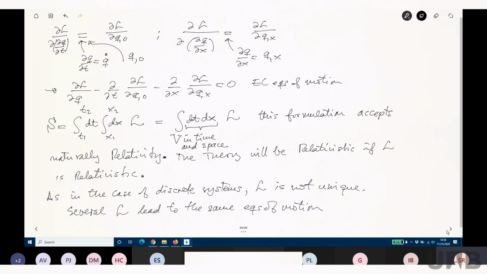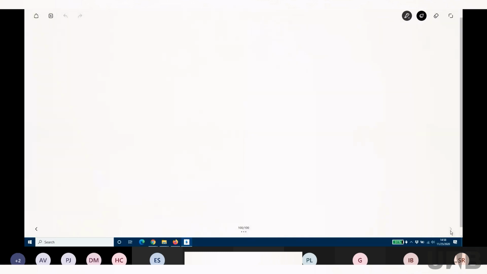So let's see what difference they have among them. We have a Lagrangian, okay? And if I change this Lagrangian into another Lagrangian, how do I make sure that the new Lagrangian is going to have exactly the same equations of motion? For instance, what can I do to this Lagrangian to assure that?